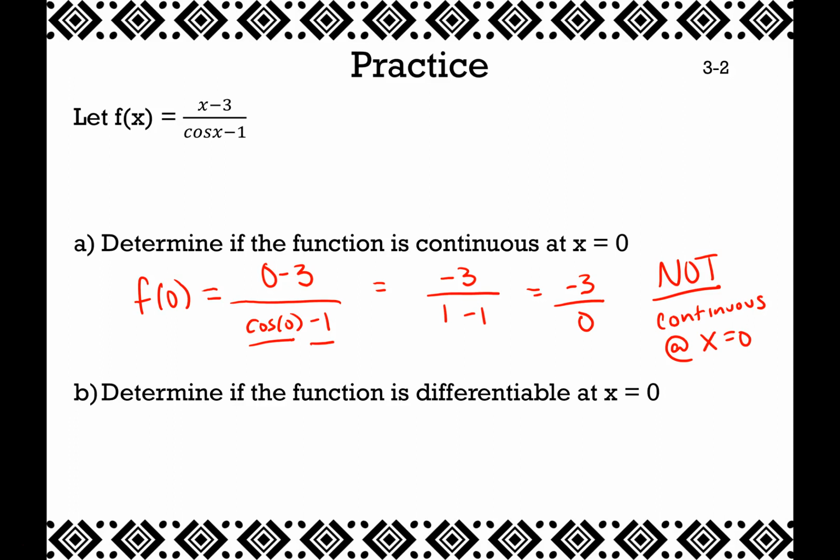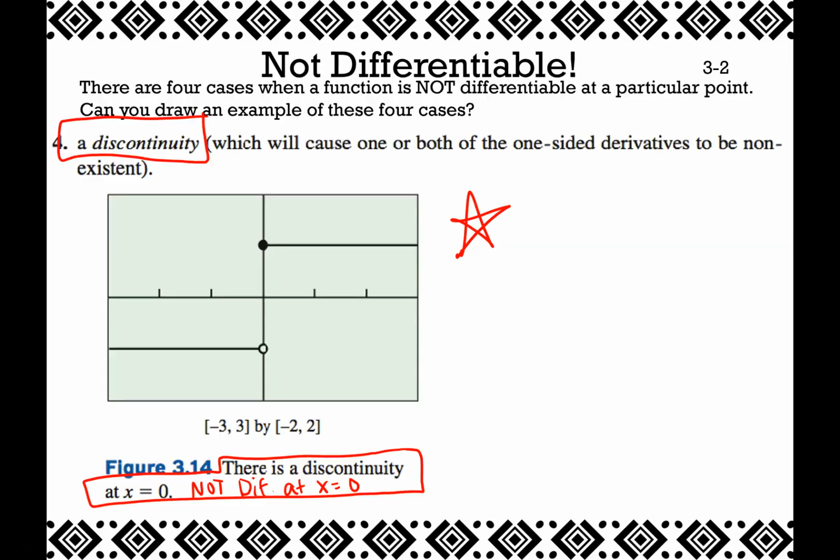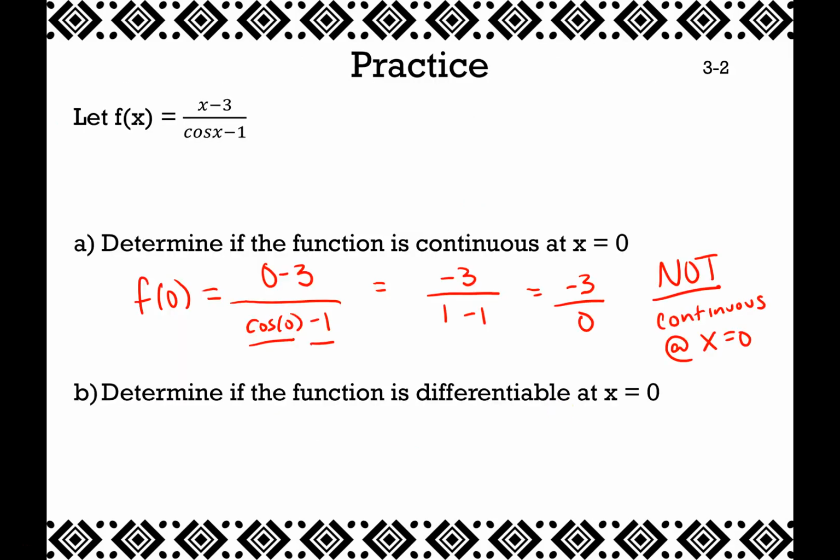All right, determine if the function is differentiable. Well, we haven't really established a process for this besides looking at a graph. But what did I say here? I said that if you have a discontinuity, if your function is not continuous, then it is not differentiable.